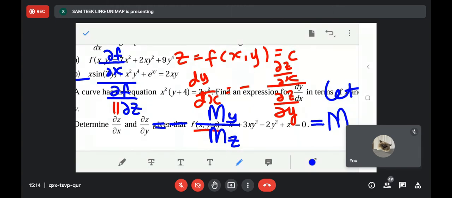Like this, don't skip it, so I know what your m is. The variable m is the equation. So this one is an implicit function involving three variables.